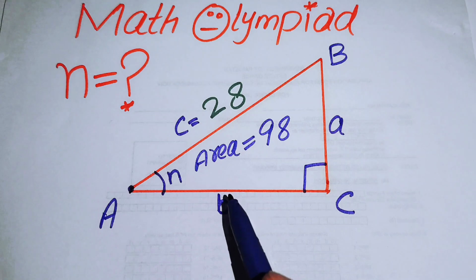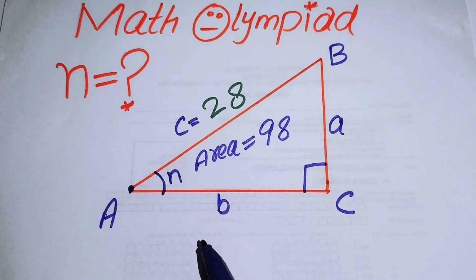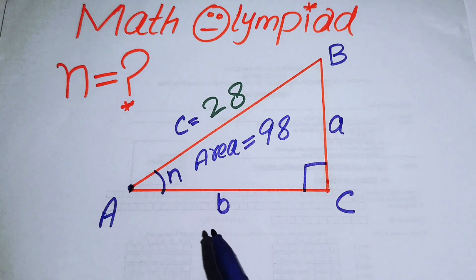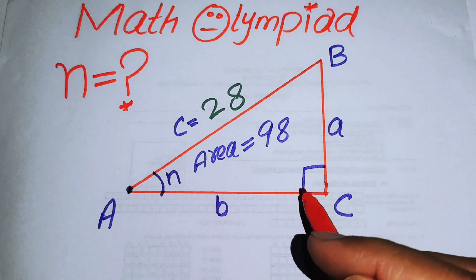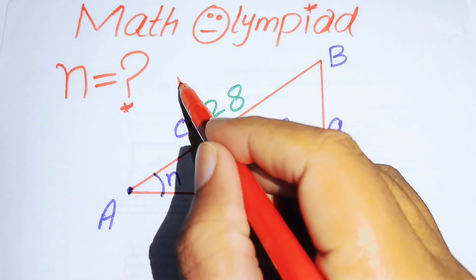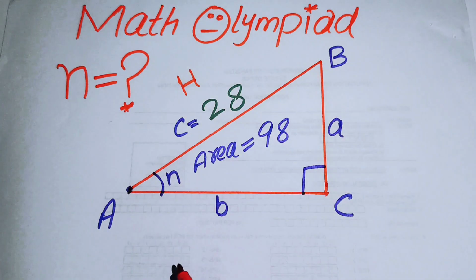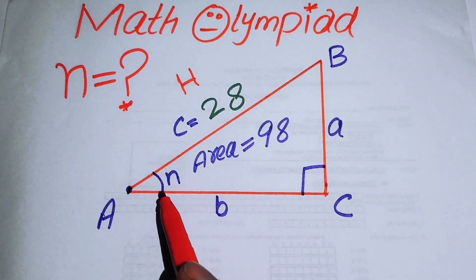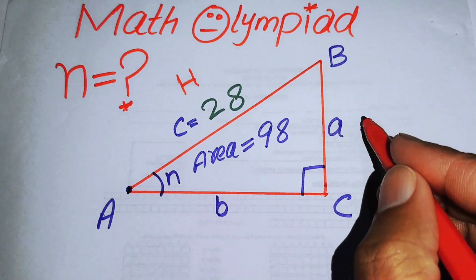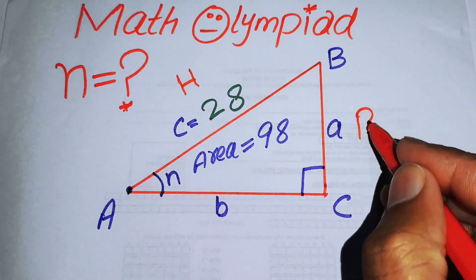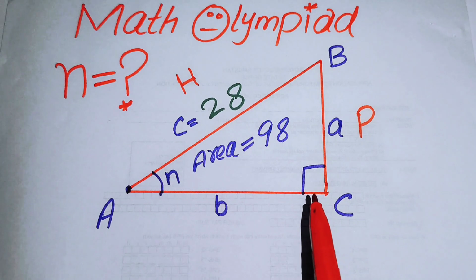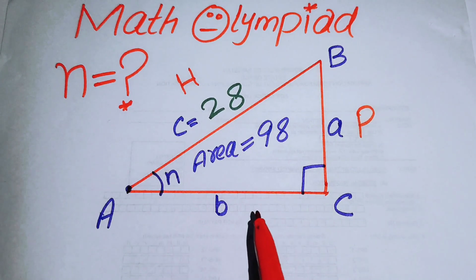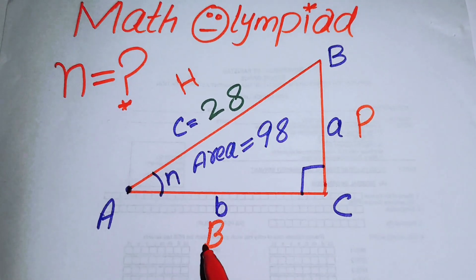One more thing you should know about the right triangle is that the side opposite to the angle of 90 is known as the hypotenuse, the side opposite to this angle n is known as the perpendicular or altitude, and the side which joins these two angles is known as the base.